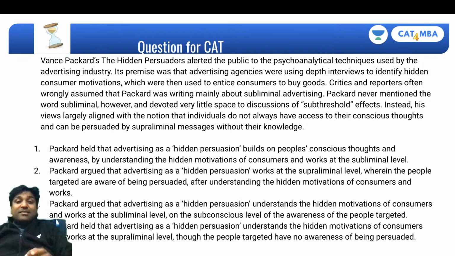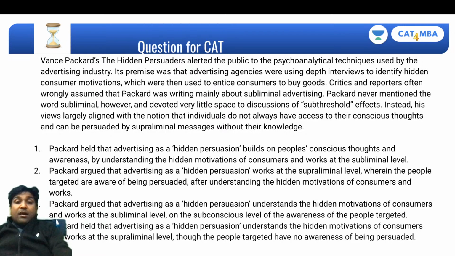Now, the author has clearly said that Packard never mentioned the word subliminal. So for the similar reason we declined option number 1, 3 is also going against the grain of the paragraph given. So in fact 3 is also incorrect.